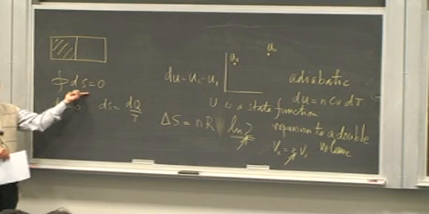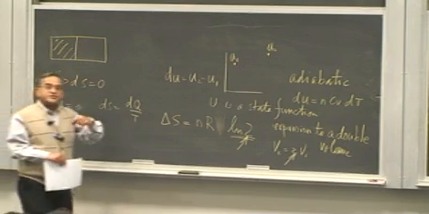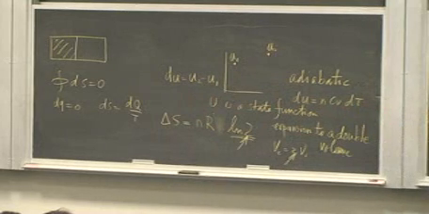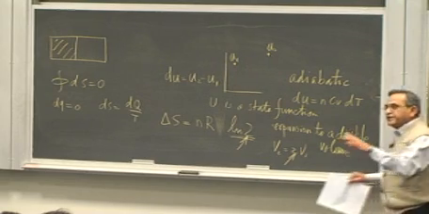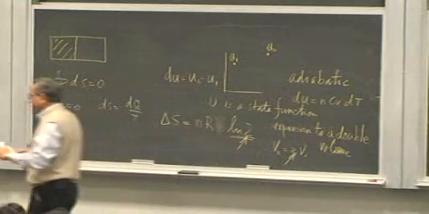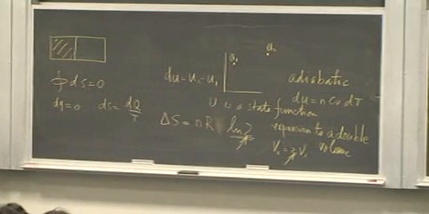Okay? And therefore, the state of a thermodynamic system will have to be specified in terms of various variables, one of them being entropy. That is largely the main difference between them.